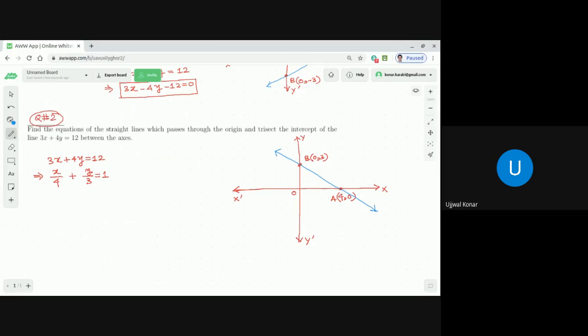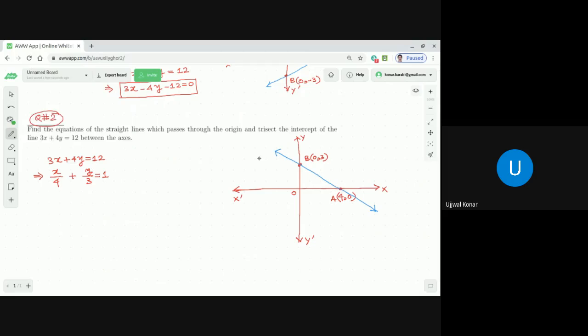Find the equations. Here it is plural. Find the equations of the straight lines which pass through the origin and trisect the intercept of the line 3x plus 4y is equal to 12 between the axes. What does it mean? That line segment AB has been trisected.